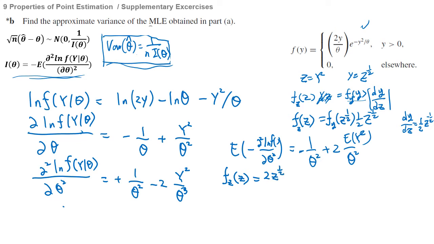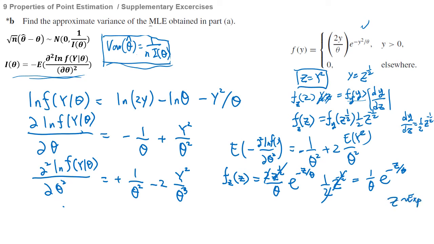This one cancels and 2 cancels, and now this becomes 1 over theta e to the minus z over theta. So if we put z equals y squared, then we can find that z follows an exponential distribution with parameter theta.